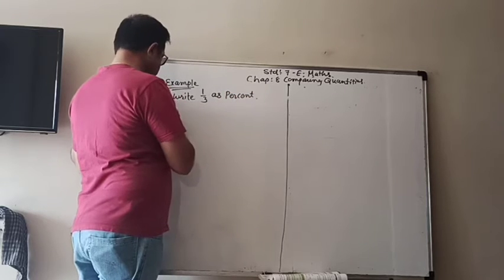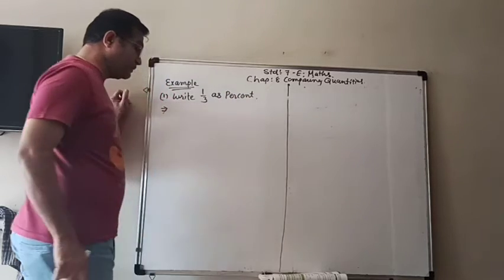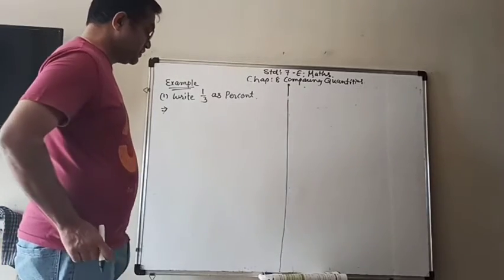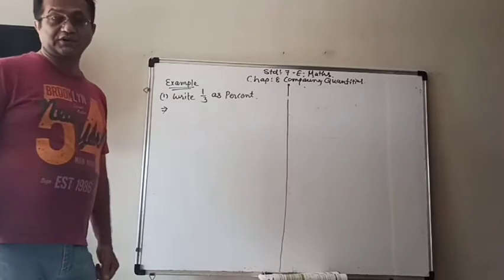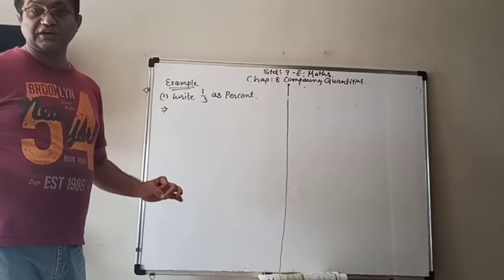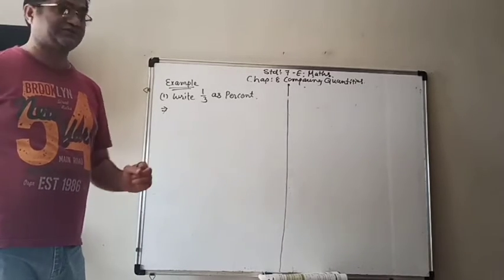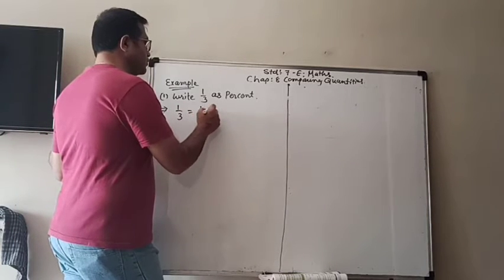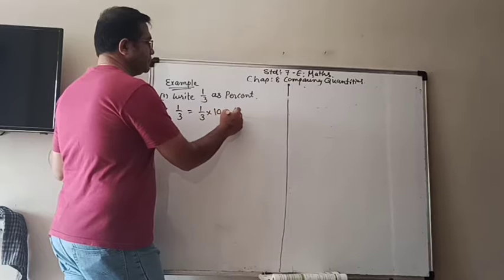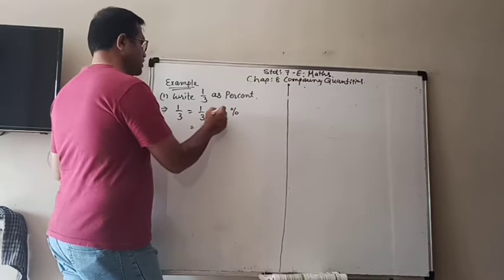Now I explained that if 1 upon 3 is in fractional form, then we have to convert it into percent. The easiest way is to multiply by 100 and percent. So 1 by 3 is equal to 1 by 3 multiplied by 100%.